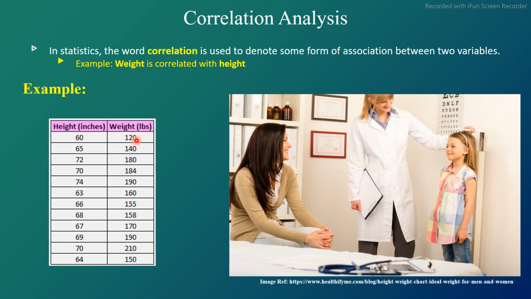But if you plot it out, you will see a high correlation between height and weight. That is a good example of correlation, because with two variables you can easily check the correlation part, and that will give you an idea whether two variables are highly correlated or not.